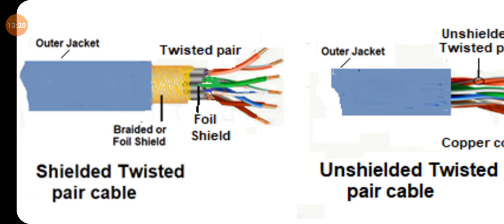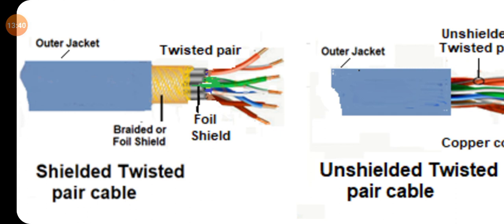So to remove this crosstalk, we use twisted pairs. As the pair of cables are twisted, there is no chance of overlapping of data from the pair of wires.